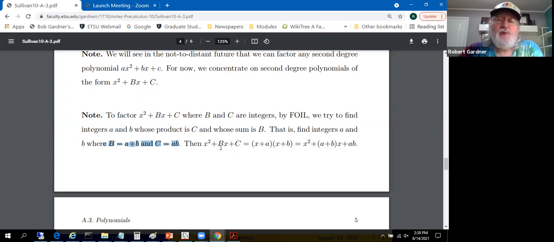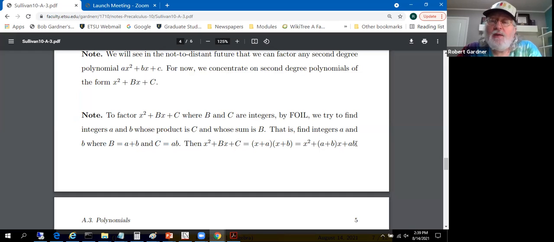If you can find lowercase a and lowercase b that satisfy these equations, then we'll have x squared plus BX plus C equals x plus a times x plus b. Because when you FOIL this, you'll get x times x, x squared, a times x, x times b, so it was inner and outer, that is a plus b times x when I factor an x out, and then we'll have the product of the lasts, the ab. So we'll have x squared plus lowercase a plus b, x, plus lowercase a times b.